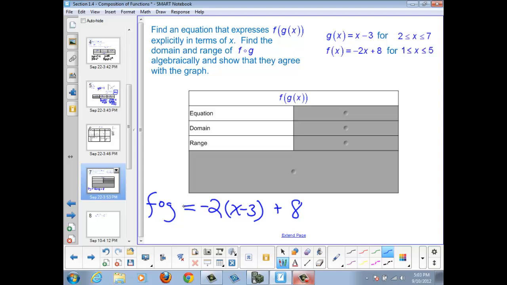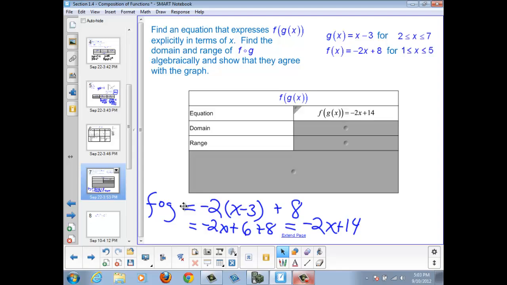Now, from here, we simplify. So, negative 2x plus 6 plus 8. We distribute the negative, which becomes negative 2x plus 14. So there is our explicit equation for f of g of x, negative 2x plus 14.